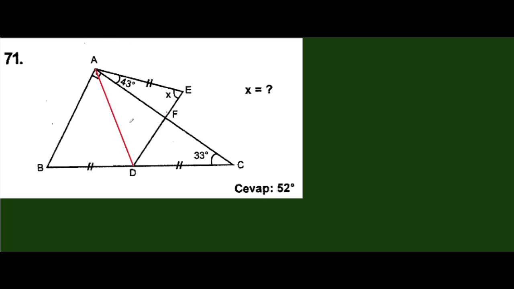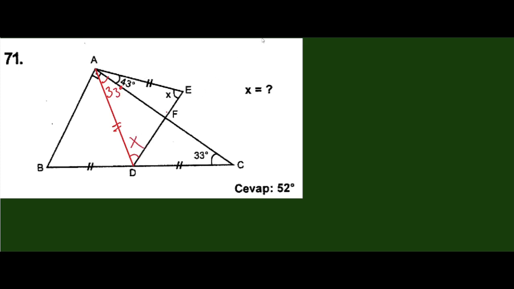It will be a median here in triangle ABC, and we can write down that BD will be equal to DC, and this angle will be 33 degrees. And we can see that AD is equal to AE, so this angle will also be x.